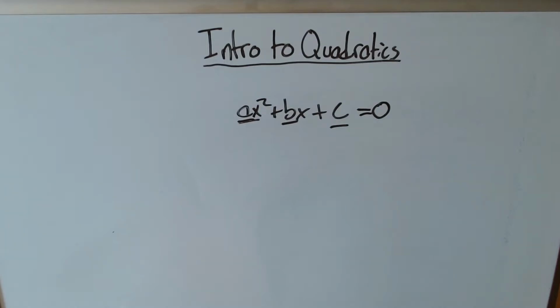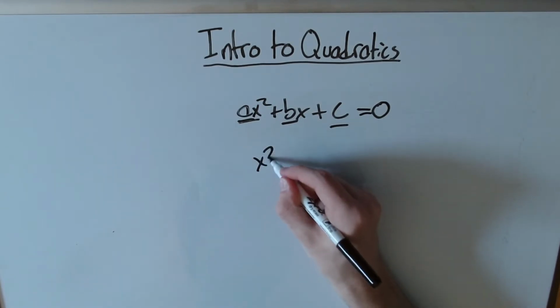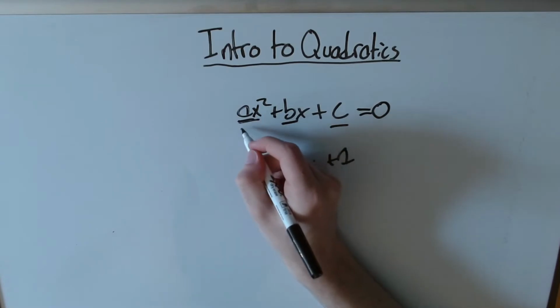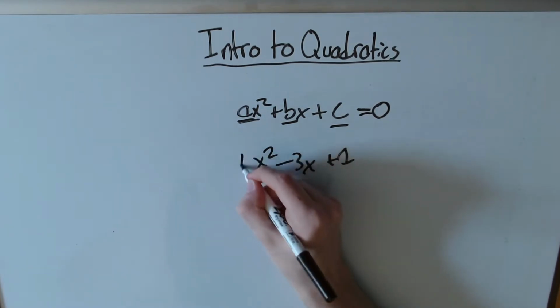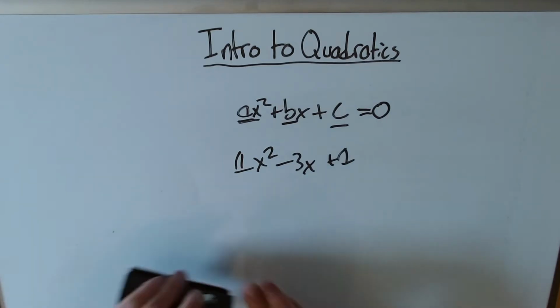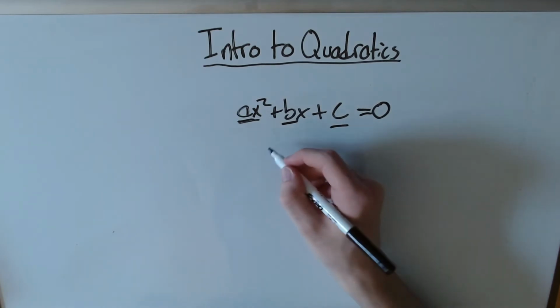So it's important to know that we can represent these quadratics in other ways too that might be hidden from the standard form. For example, something like this. X squared minus 3x plus 1. In this case, we don't have an a because our a is just 1. Instead of writing 1x squared, we just write x squared. Likewise, we can have equations like this.